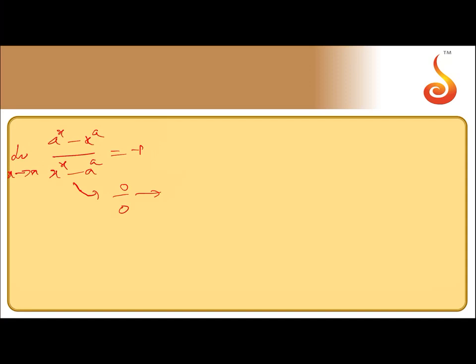The derivative of a^x is a^x log a, minus the derivative of x^a, which is a·x^(a−1), divided by the derivative of x^x, which is x^x (log x + 1), minus the derivative of a constant, which is 0. As x tends to a, that is equal to −1.